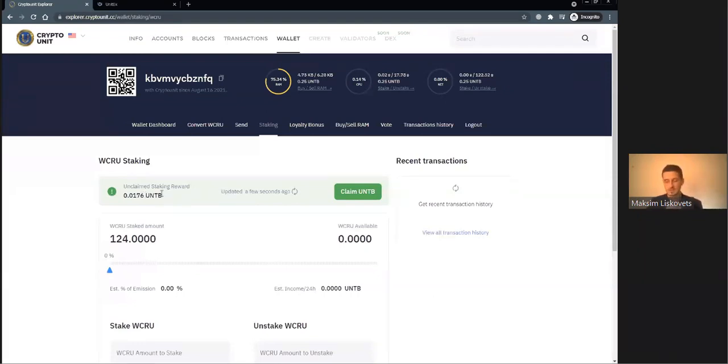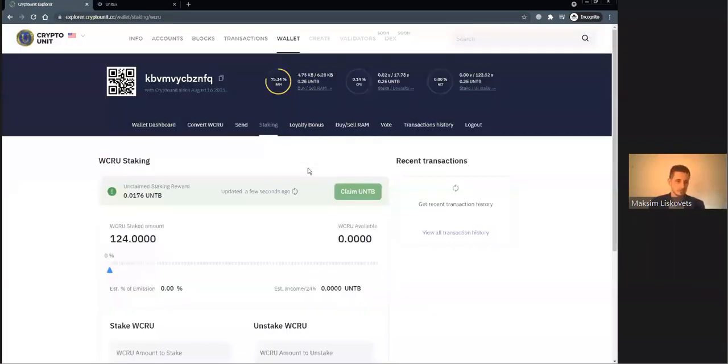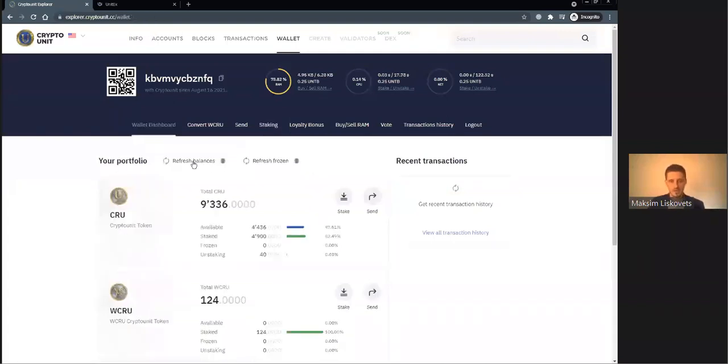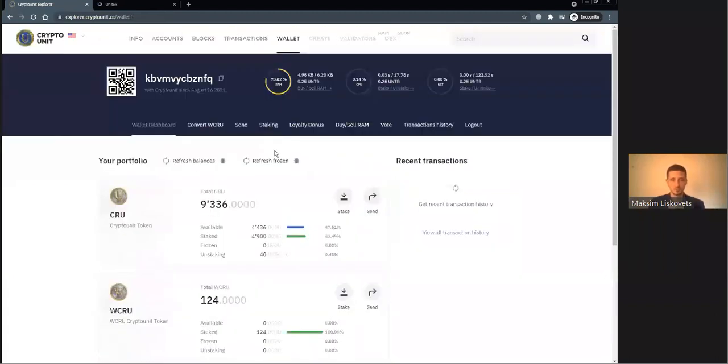Staking was in process, and we may claim this UNTB right now. Simply by clicking the button Claim UNTB, you enter your PIN code, and that is done. We come back to the main page, refresh balances, and you see that UNTBs are here.